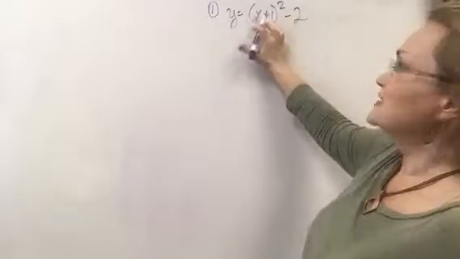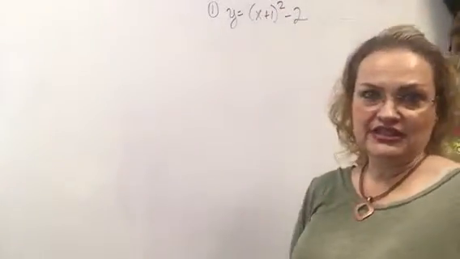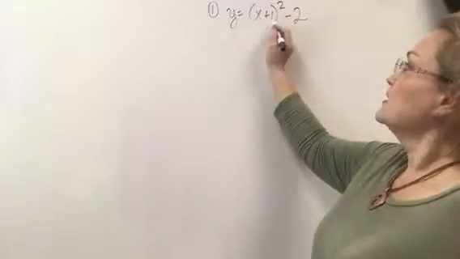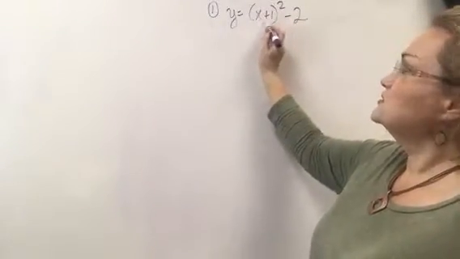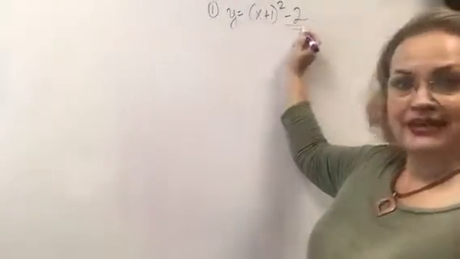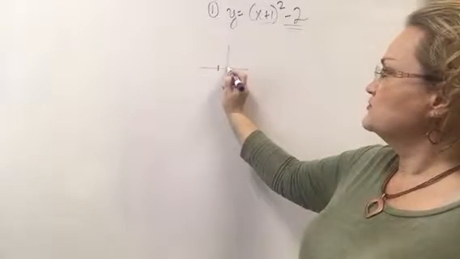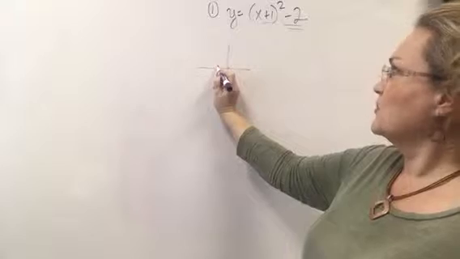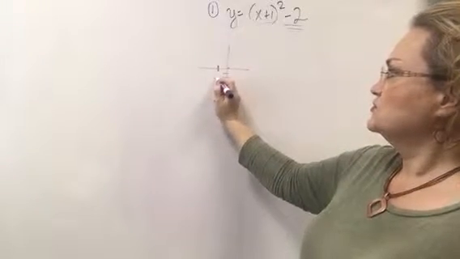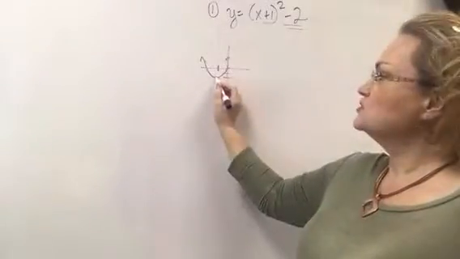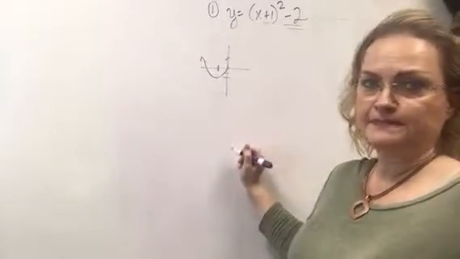The parent function is x squared, and that is embedded in it. This is a horizontal translation, so back 1 and then down 2. So take your basic parabola, normally at 0, 0, and go back 1, down 2. That's going to be its new vertex.